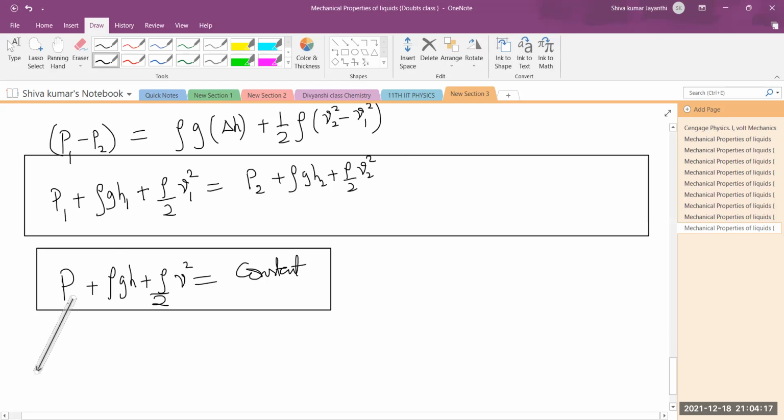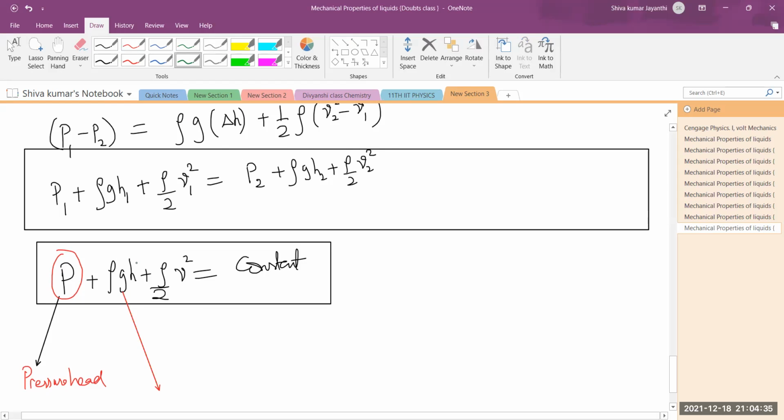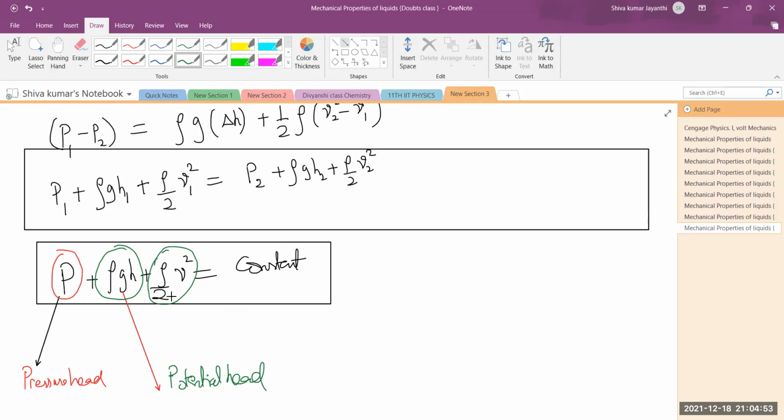The first term is called pressure head. Pressure is visible, right? This term is called pressure head. The second term, this one, is called potential head. The third term, you can see this one, has the name kinetic head.